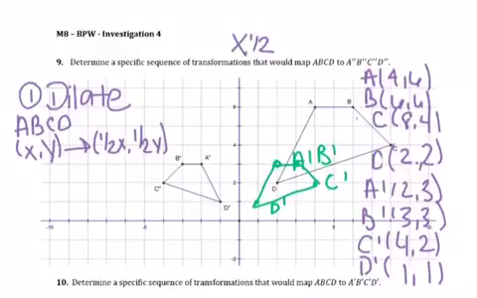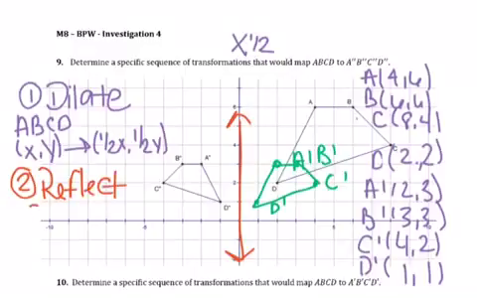Noticing this now, I can see that all we need to do left is reflect over the y-axis, because my primes are the same distance away from my y-axis as the double primes. So we're just going to show reflect, and don't forget your line of reflection, so over the y-axis.